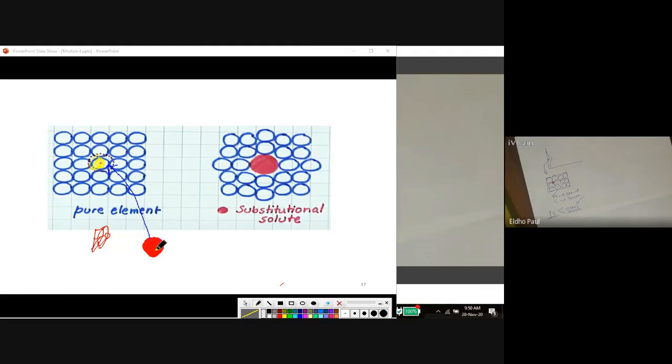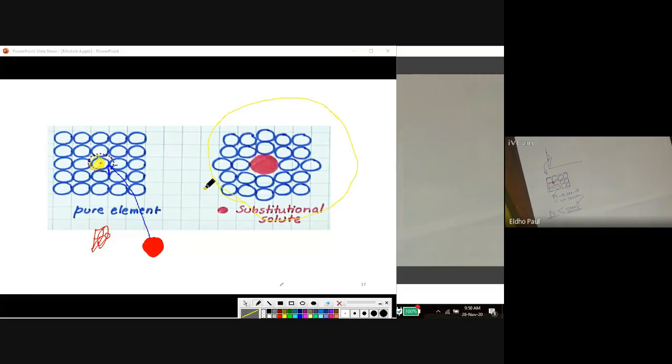The size is almost the same. By adding this impurity atom, we have to obey the Hume-Rothery rule. A solute or impurity atom which obeys the Hume-Rothery rule occupies this position by replacing the parent atom, and this is the final substitutional solid solution.